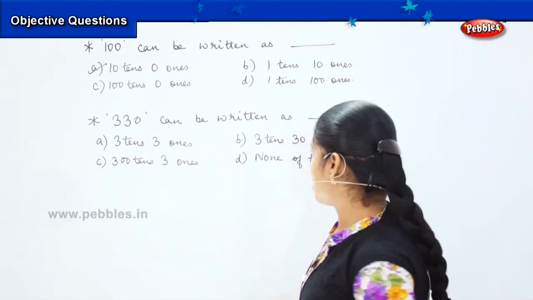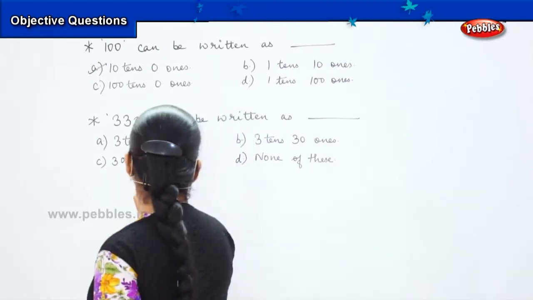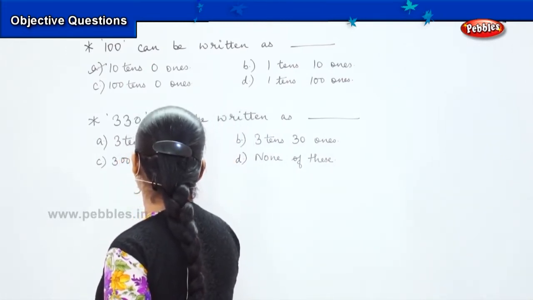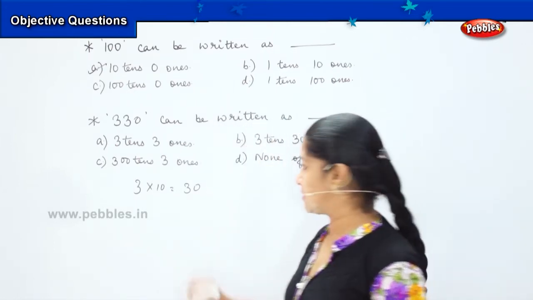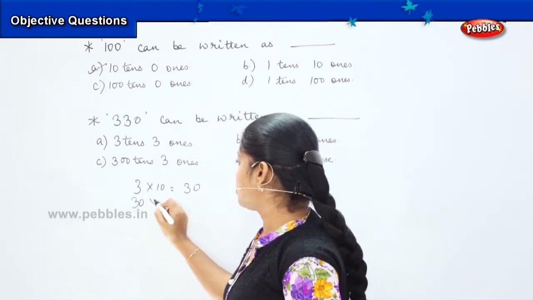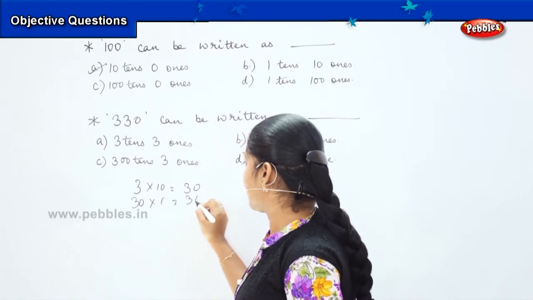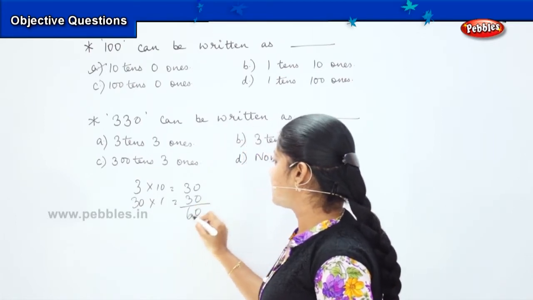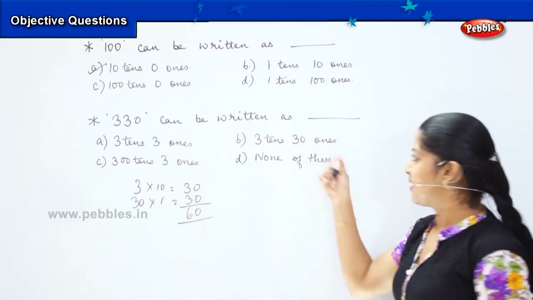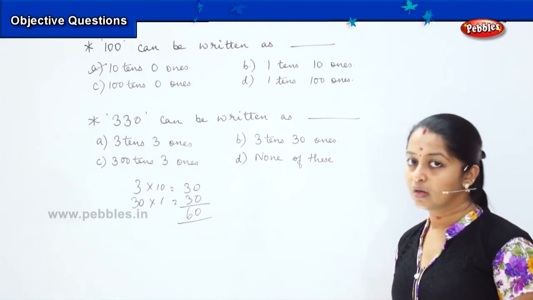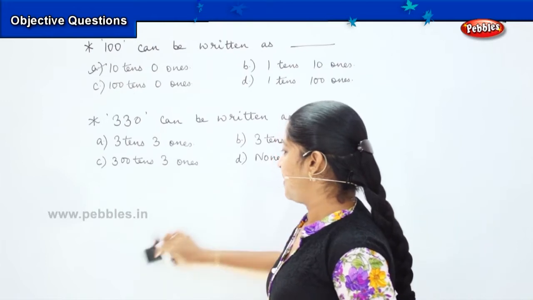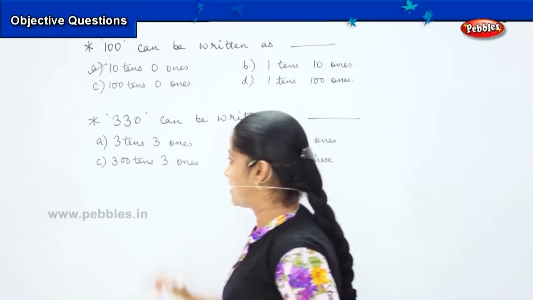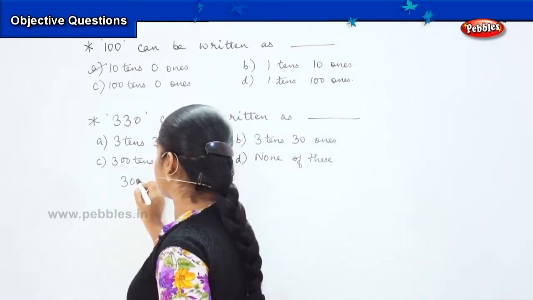Okay. Coming to option B, it says 3 tens, which is 3 into 10, 30. Okay. And it says 30 ones. So which means 30 into 1 equals to 30. And if you add, it becomes 60. So is this my right option? No, this is also not my right option. Coming to the third one, it says 300 tens.